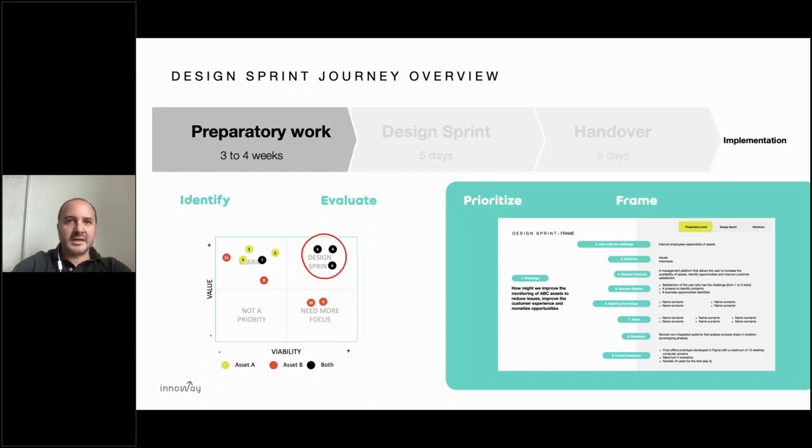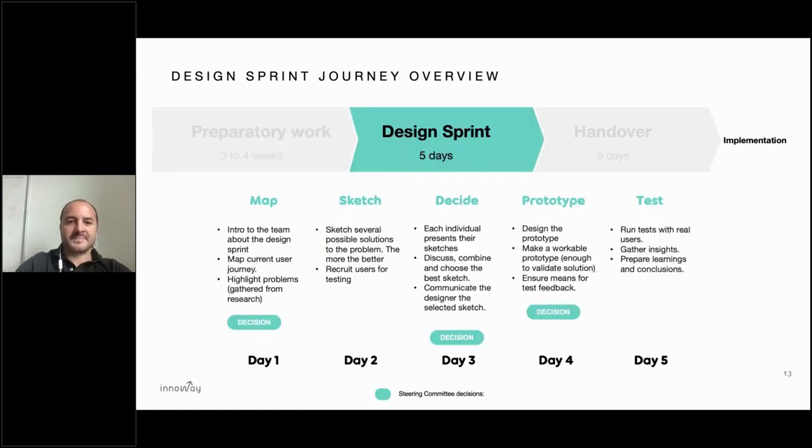Things like, what is the definition of success? How are we going to measure success? Who is the person who's going to make decisions if we need to make any decisions during the design sprint? After that is the 5-day design sprint, where the first day is very well focused on defining the problem. And it's all about the problem.